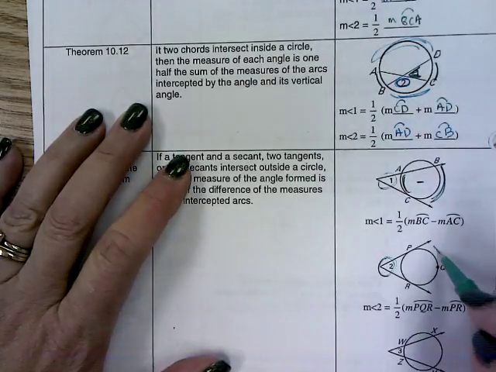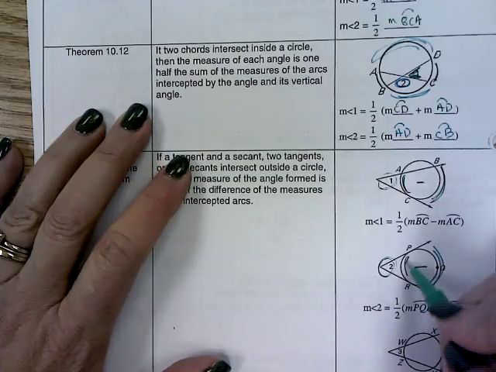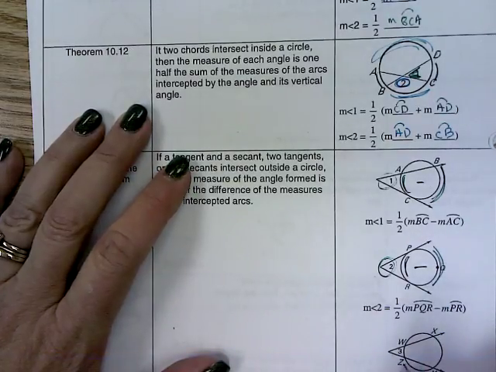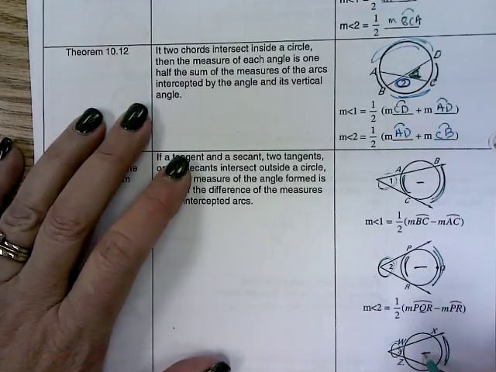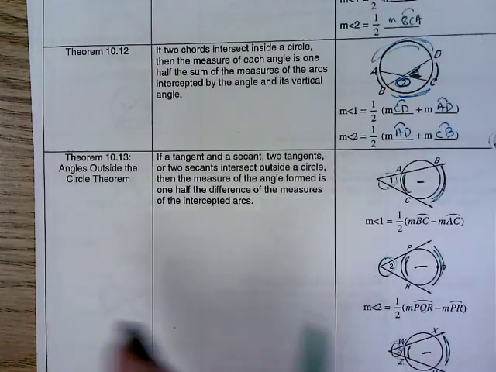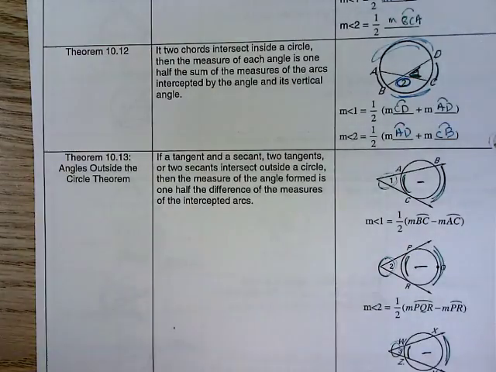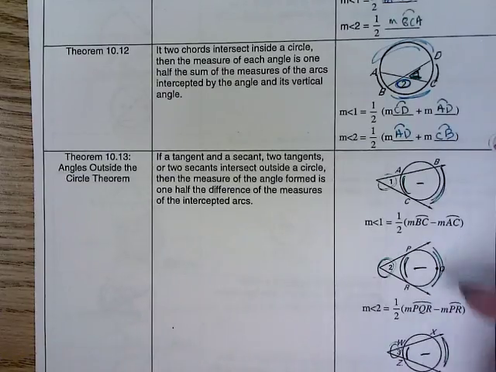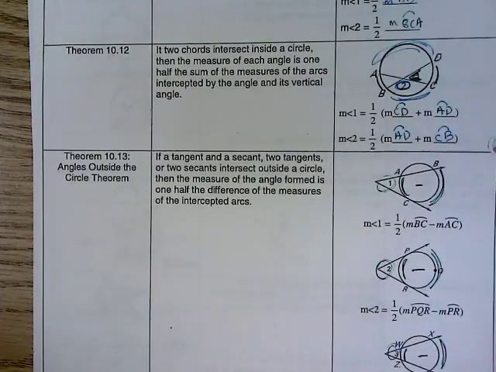To find angle 2, larger minus the smaller. Angle 3, larger minus the smaller. So every time you're trying to find that external angle, it's always going to be the outside minus the inside, 1/2 of it. It doesn't matter which situation occurs at all.